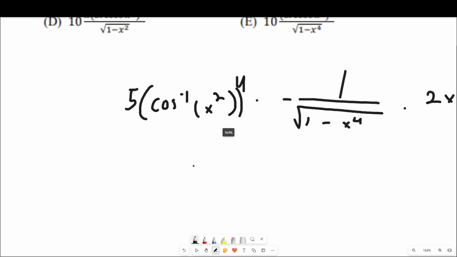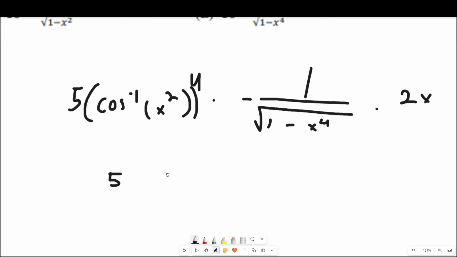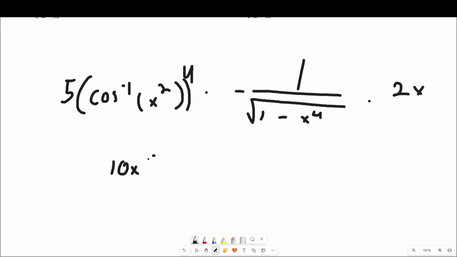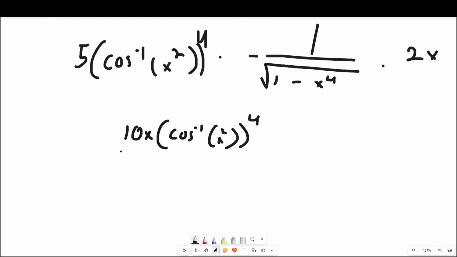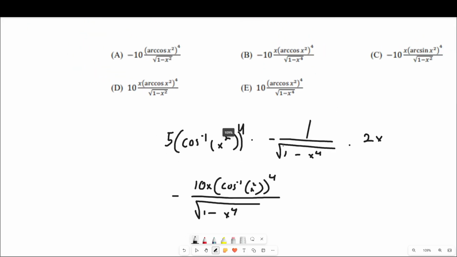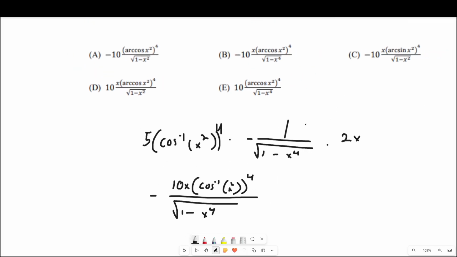So this is all going to be 10x times the inverse of cosine of x squared to the 4th power, all divided by negative square root of 1 minus x to the 4th. So once we do that, we'll see that our answer choice will be B.